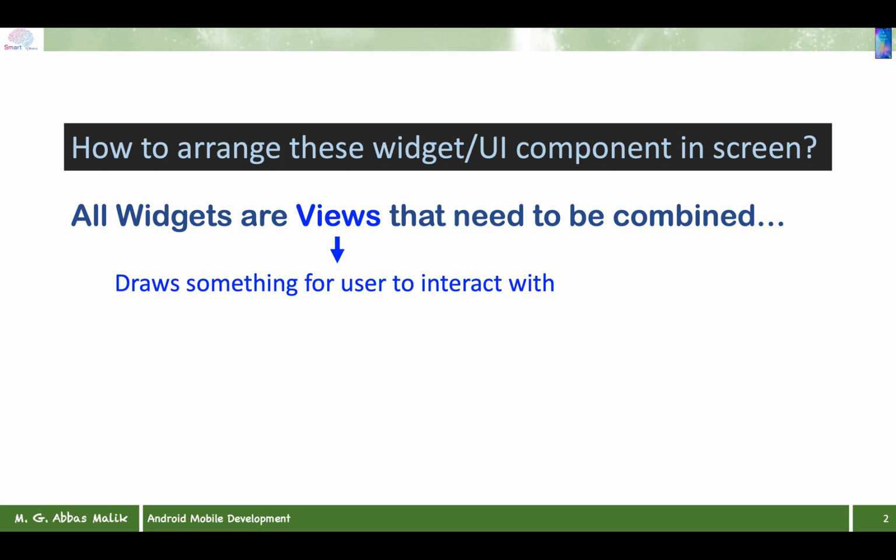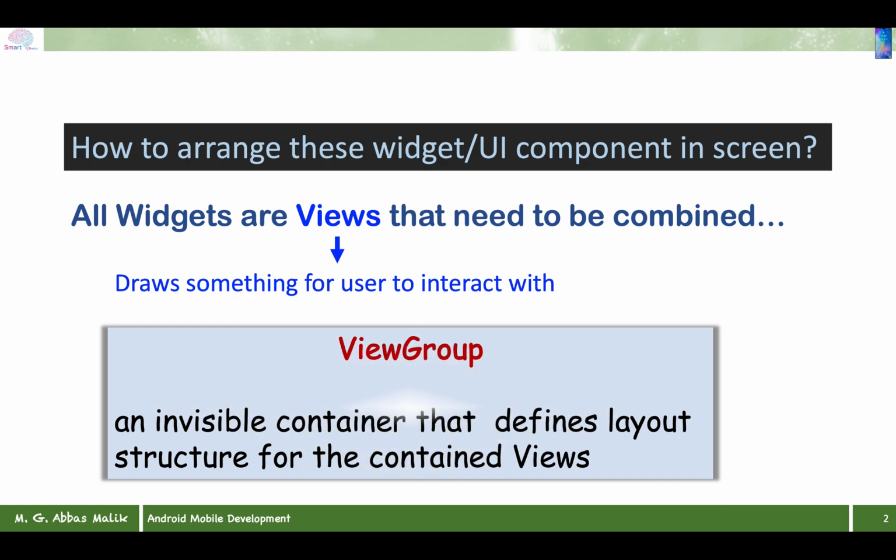So all widgets are views that need to be combined. A widget is a drawn view, something drawn on the screen with which the user can interact. So, view group: all the widgets are subclasses of the view, and all the layouts are subclasses of the view group.